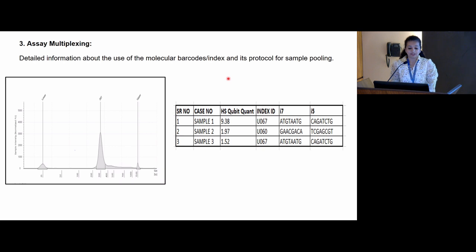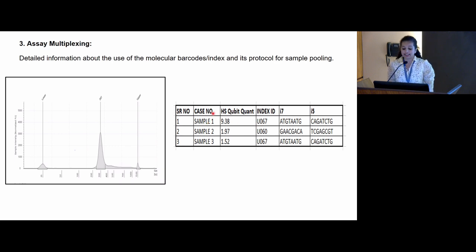Moving on, the use of barcodes and indexing and its protocol for sample pooling should be maintained very carefully, because we can't sequence only a single sample in an NGS run; we need to pool multiple samples for sequencing.